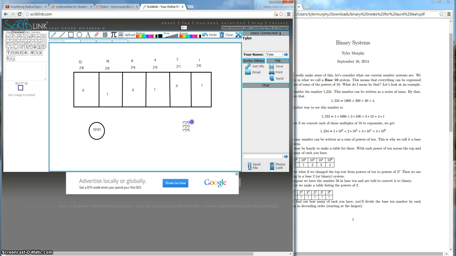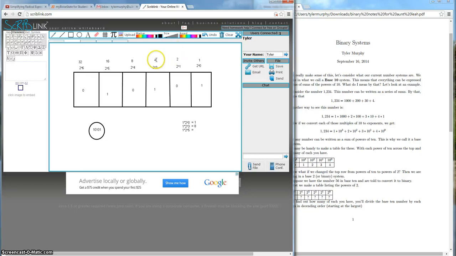Then if I work these out mathematically, 2 to the 0 is 1, so 1 times 1 is 1. 2 cubed is 8, so I have 1 times 8, which is 8. And then 2 to the fifth, wait a minute, I screwed something up somewhere.